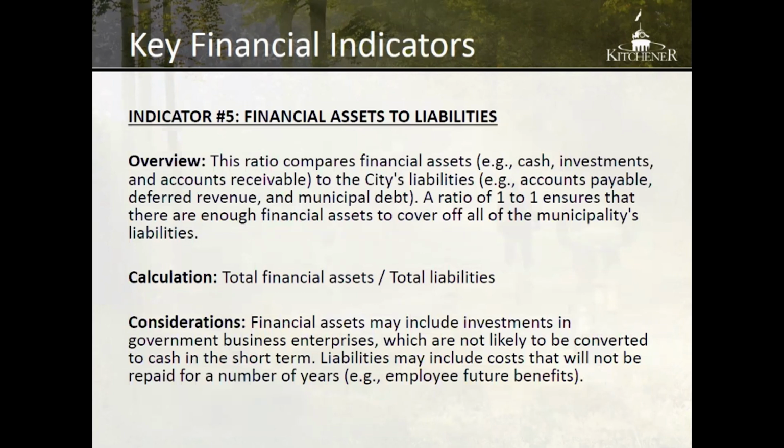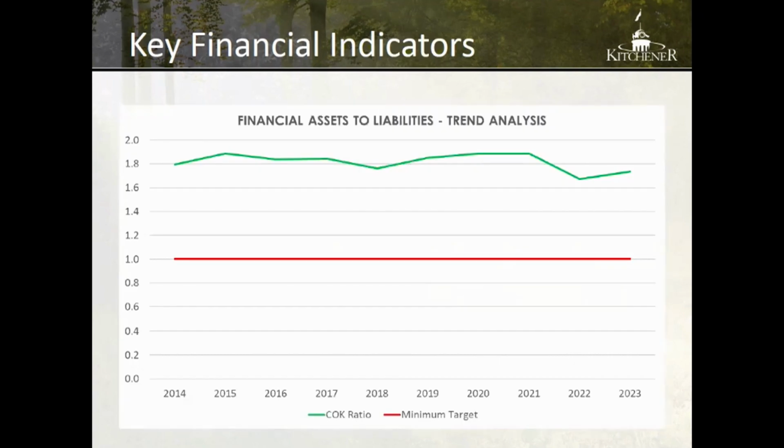The last financial indicator we'll look at today is the ratio of financial assets to liabilities. A ratio of 1-to-1 ensures that there are enough financial assets to cover all of the municipality's liabilities. Over the 10-year period, the city has maintained a steady ratio with slight increases in recent years.